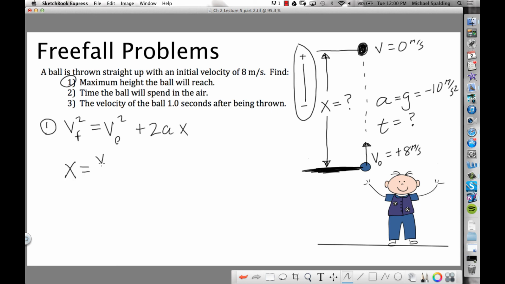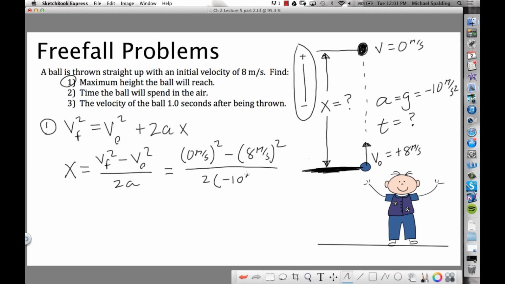So X is going to be VF squared minus V initial squared over 2A. That's what it simplifies to, algebraically. Then put your numbers in. V final is 0. V initial was 8. Put units in the work, be awesome.